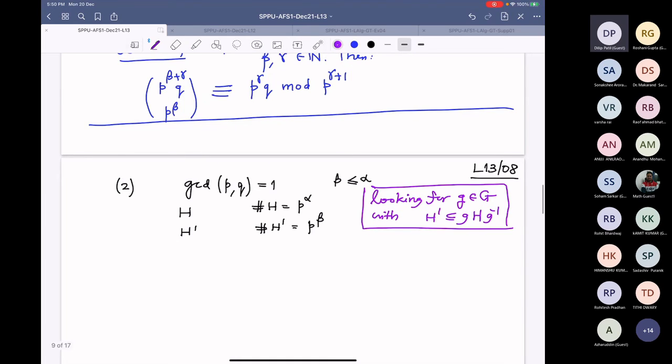How can you get hold of g? It's like this. We are given H, so consider the G-space G/H by left translation.